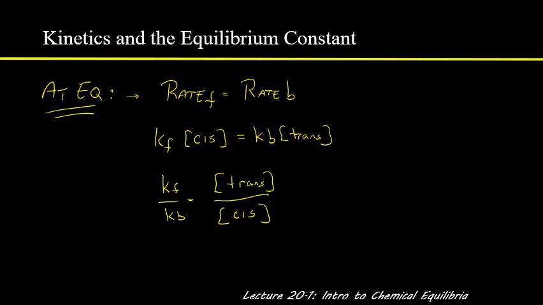So the ratio of the forward rate constant to the backward rate constant is the same as the ratio of the concentration of the trans and cis isomer. Now these rate constants are constants. I like to say they're constants, that's why we call them rate constants. So if Kf is a constant and Kb is a constant, then the ratio of Kf and Kb is also a constant.